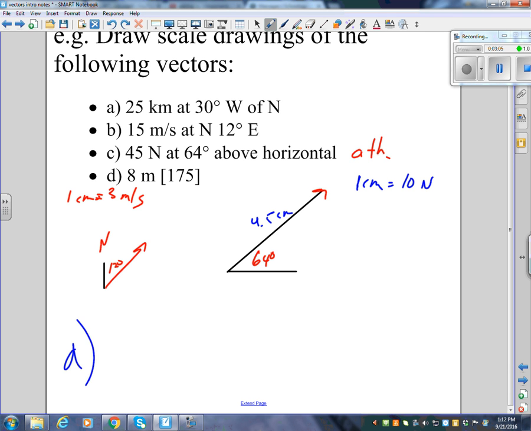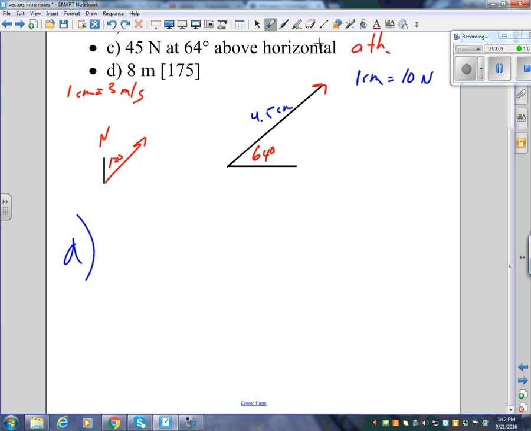D, 8 meters at 175. So this is that other sort of way to do things, right? 0, 90, 180, 270, right? So 175 would be where? Not quite 180. So it would be like there, right? And what would this angle here from the top right to the bottom, that would be 175, right?